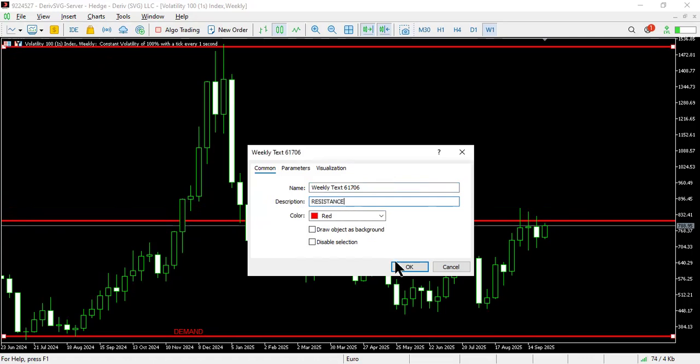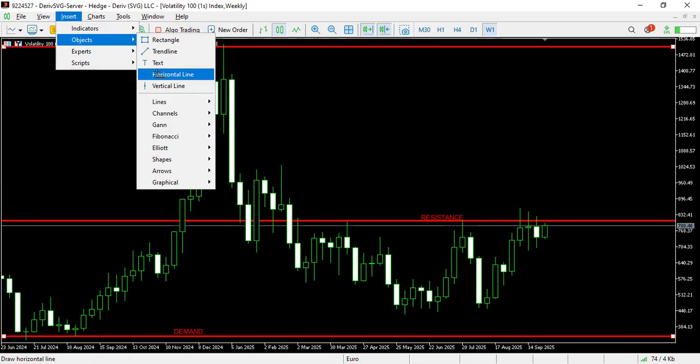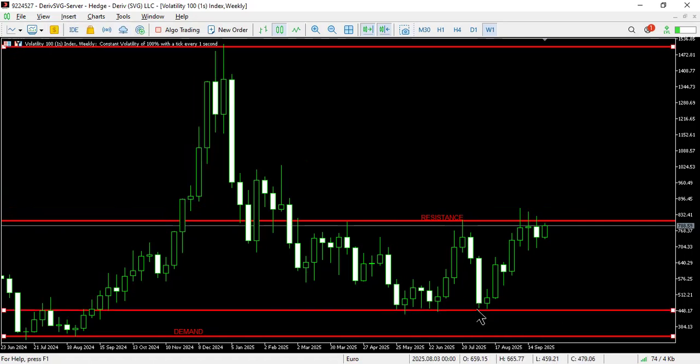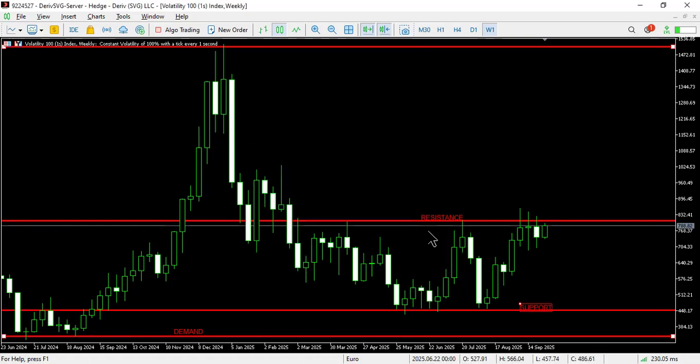So we have a resistance, and then down here we have our support. Price is finding support at that level. So that is a support level.